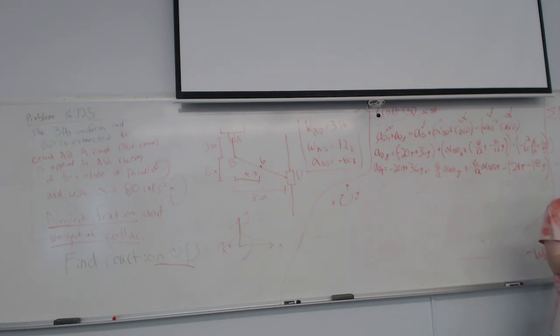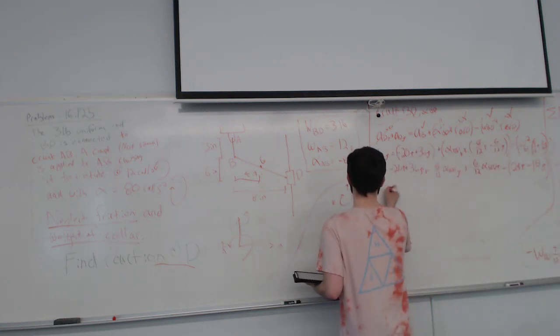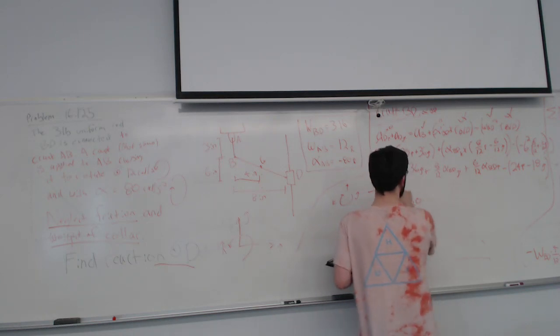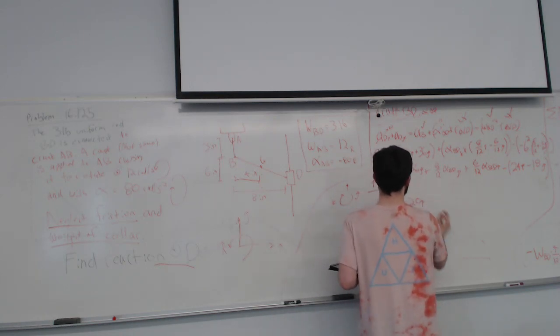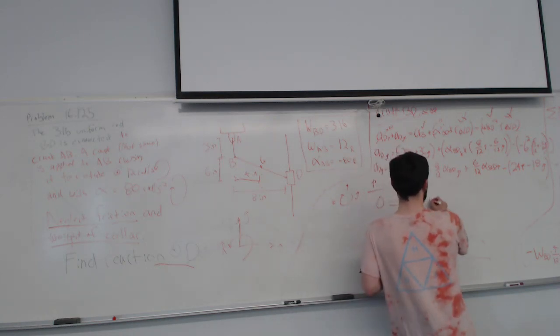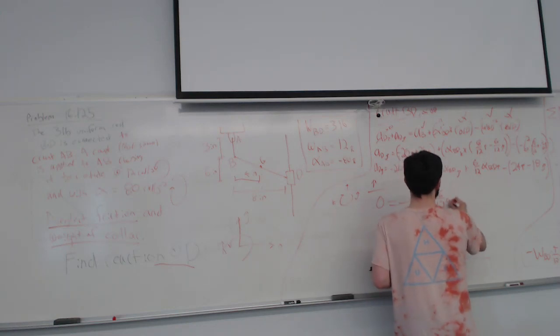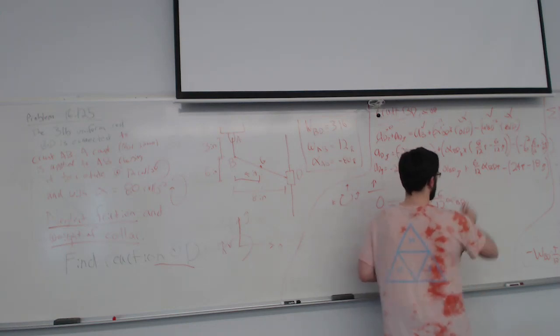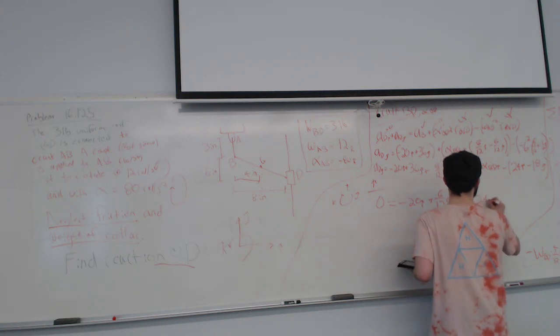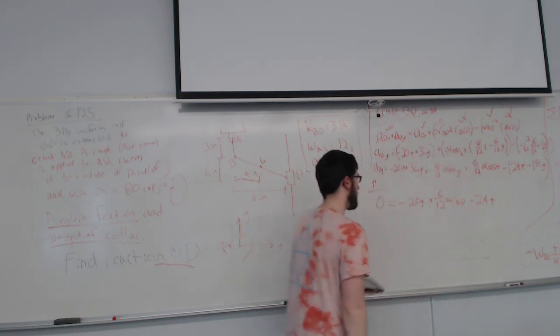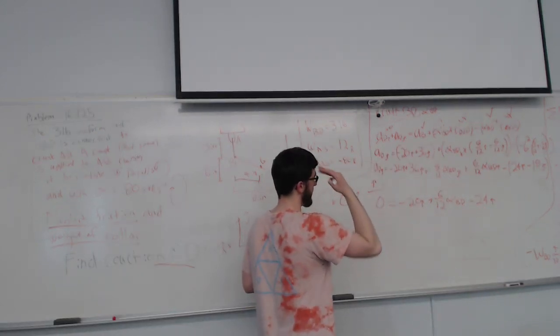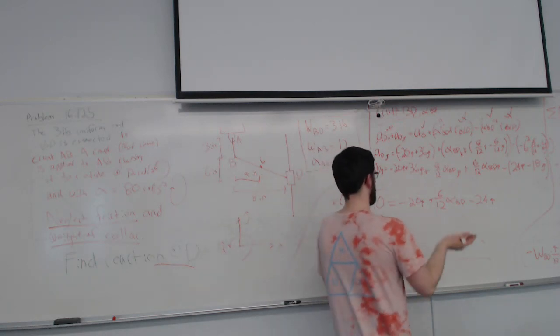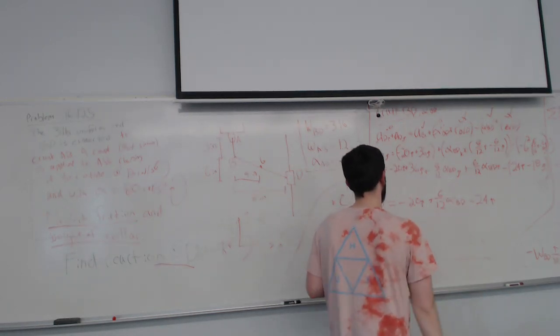So that's how I know when I split this into i and j, I'm going to be able to solve for it. Looking in the i direction only, it's 0 equals negative 20 in the i right here, then plus 6/12 alpha BD, and then minus 24 in the i. These are all just constants at this point.